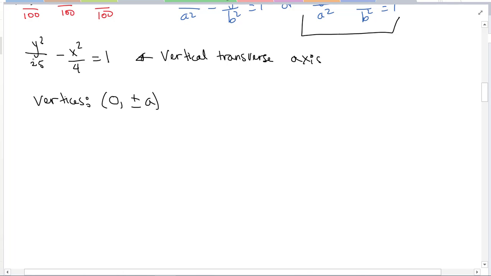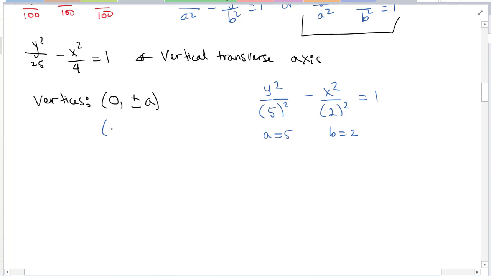This is where it helps to write it as y squared over 25 and x squared over 4. What am I squaring to get 25? I'm squaring 5. What am I squaring to get 4? We're squaring 2. So a is 5 and b is 2.